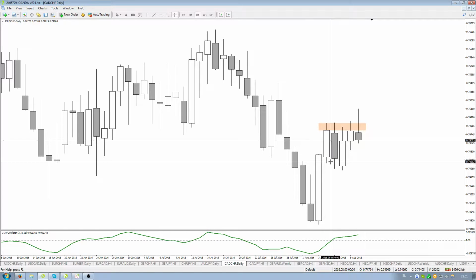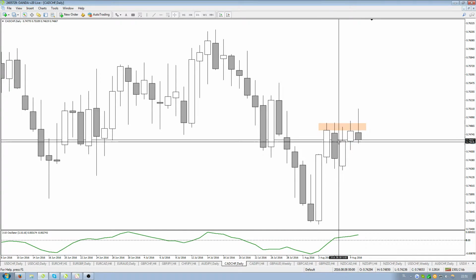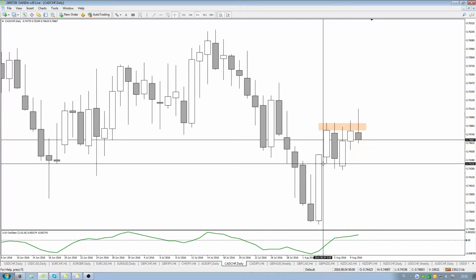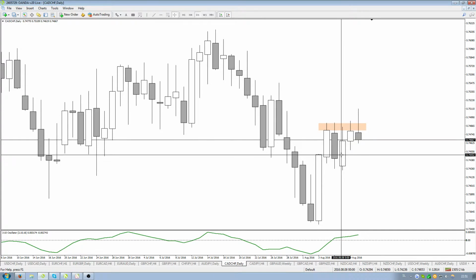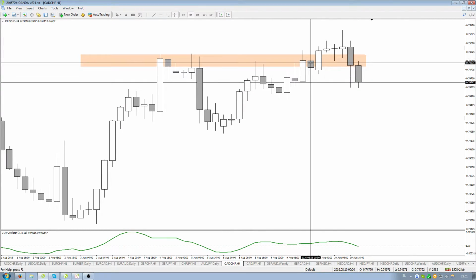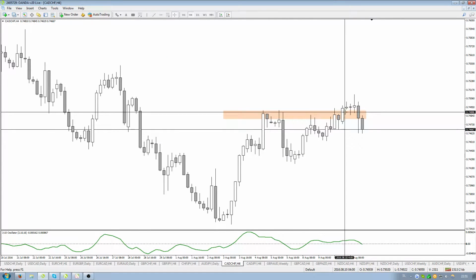Also divergence, I mean, it's from previous swing, it's not the ideal, but however, we can see clearly signs of bearishness, and also Fibonacci retracement is almost tapped 61.8, which is very good.